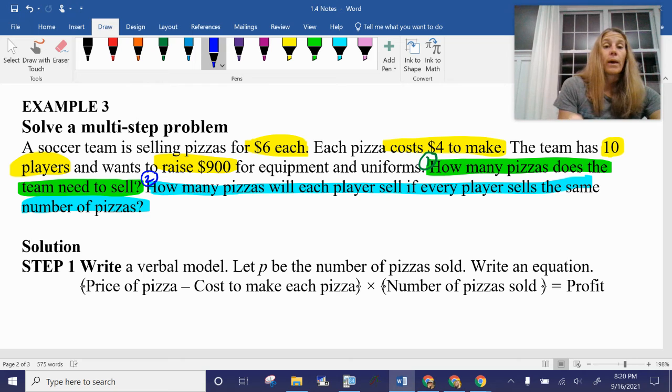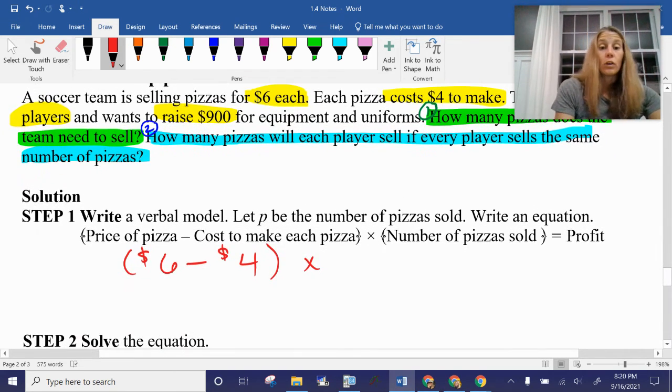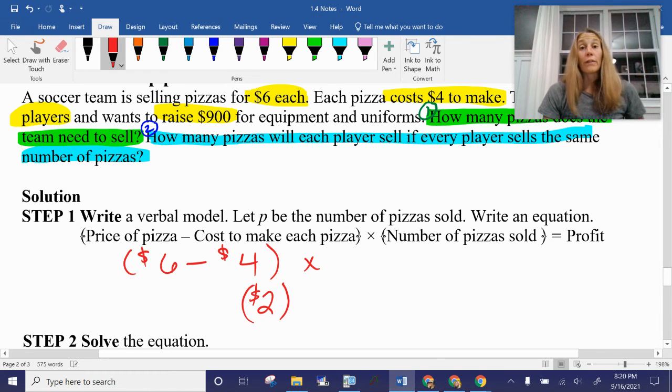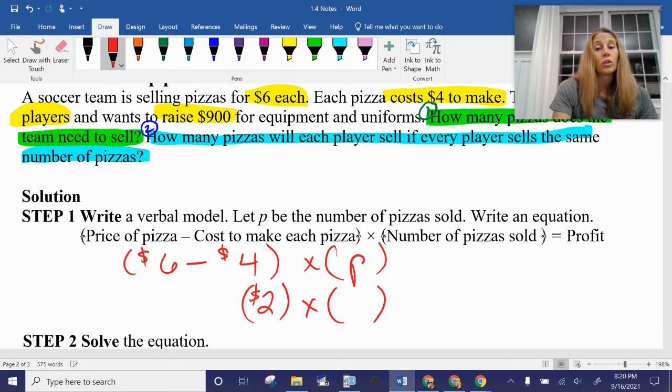So here's the verbal model. It's already done for us in this particular situation. The price of the pizza, which is $6, minus the cost to make it, which is 4. Most of you probably did that step in your head, giving you $2 of profit per pizza. Then you multiply that by the number of pizzas sold, which we don't know.